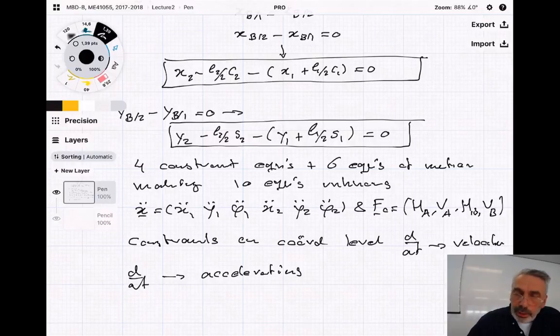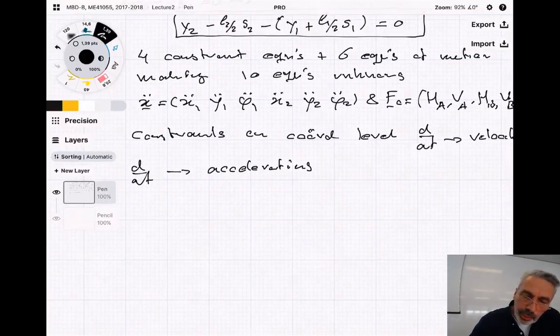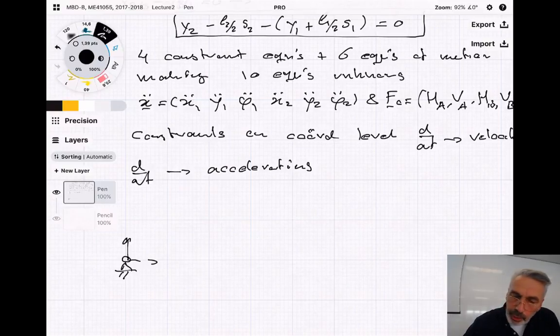So let's take the first equation. Remember, we had this joint here. And we had this body here, 1 and point A, and then in the x direction.